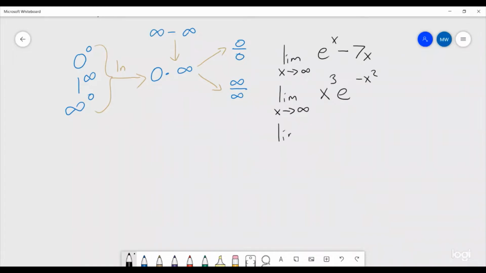The limit as x goes to infinity of x times e to the negative x, and the limit as x goes to 0 of e to the x minus 1 over cosine of 7x minus 1. So go ahead, pause the video, try and figure out these 4 limits, and then unpause the video when you're ready or when you would like to see how to approach these different problems.